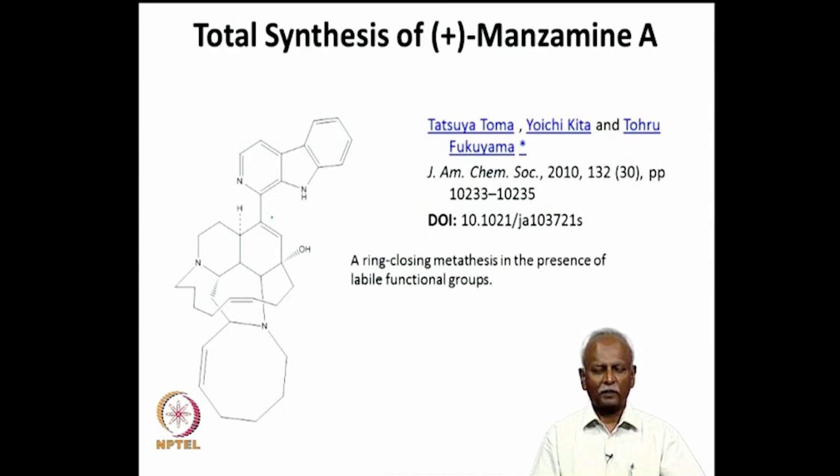This is a very complex natural product with so many ring systems, and in spite of all that, the reaction could be carried out, and Fukuyama and the co-workers have recently published the total synthesis of such a complex natural product. The last step is the ring closing metathesis, which led to this chiral natural product being synthesized very efficiently.